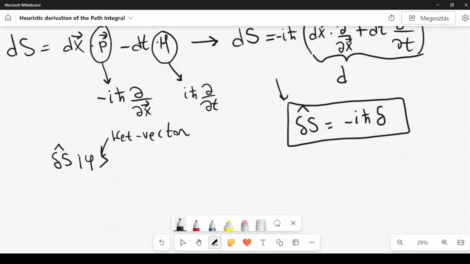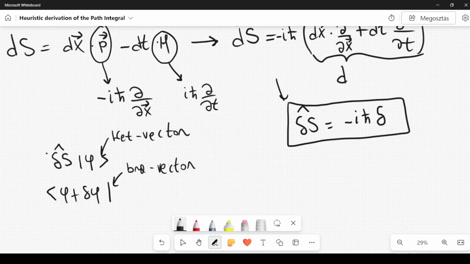And then I'm also going to consider the bra vector phi plus delta phi, which is a small change of this state phi. So the field phi is going to be perturbed by a small amount that I call delta phi, and then I'm using this other notation, and when you see such notation, it means that this is a bra vector if you want, or for simplicity you can think of this as a row vector.